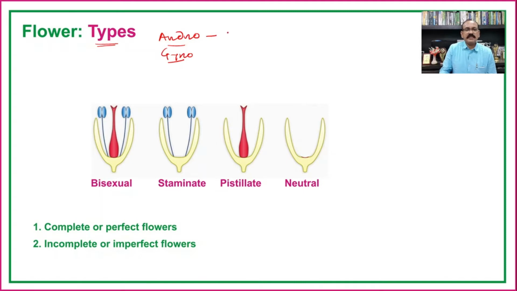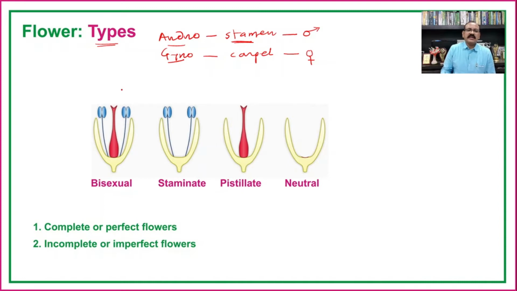An individual member of the androecium is known as stamen, and the individual member of the gynoecium is known as carpel. So, the stamen or the androecium is a male reproductive organ and the gynoecium is a female reproductive organ.